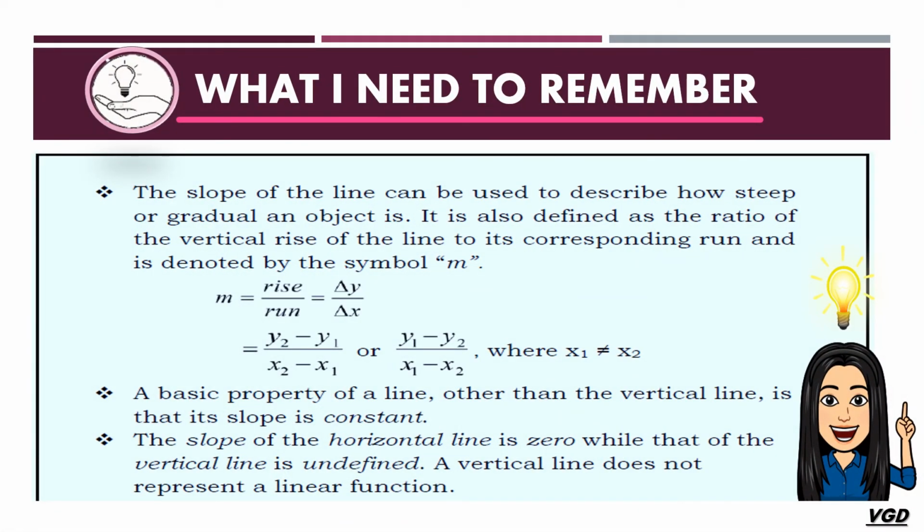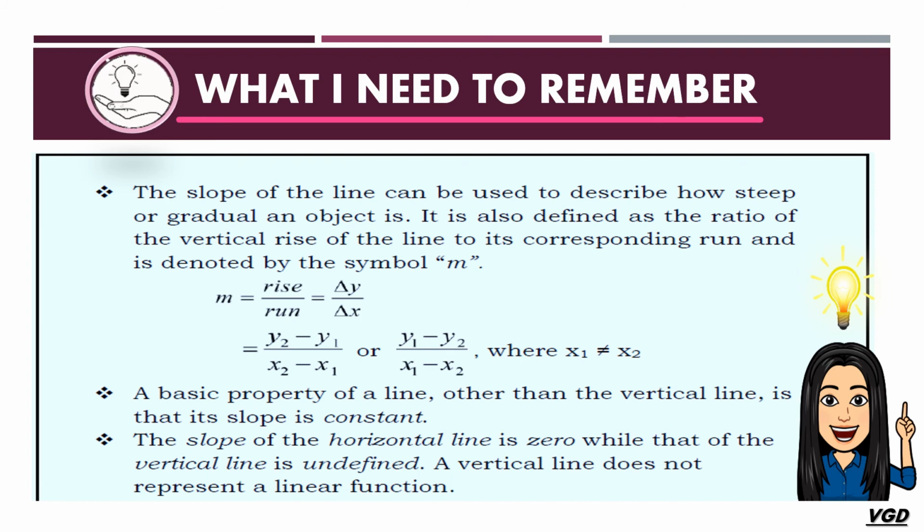So I would like you to remember the following key points about this lesson. What I need to remember. First, the slope of the line can be used to describe how steep or gradual an object is.